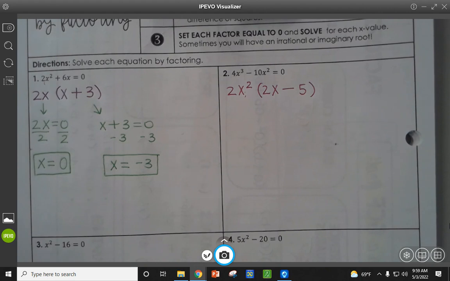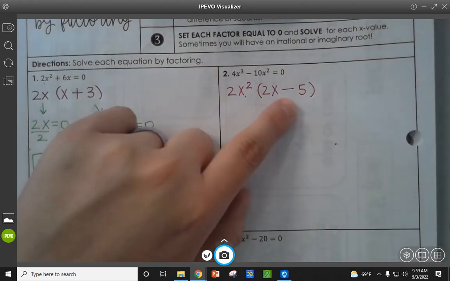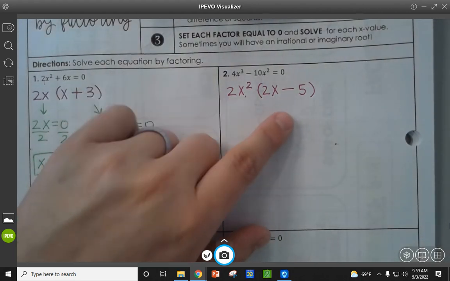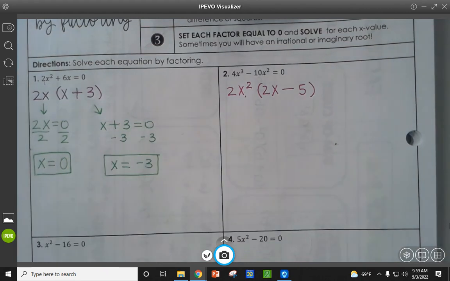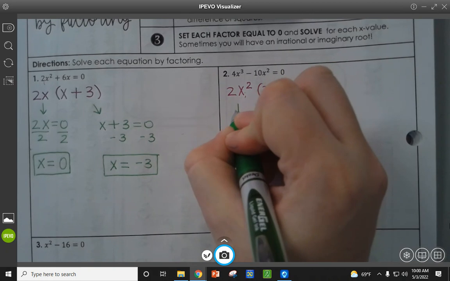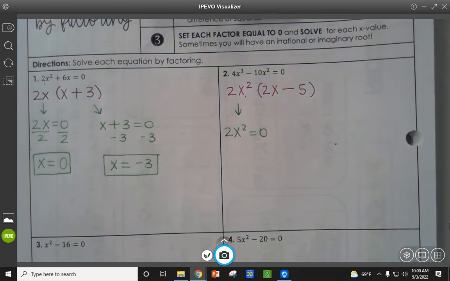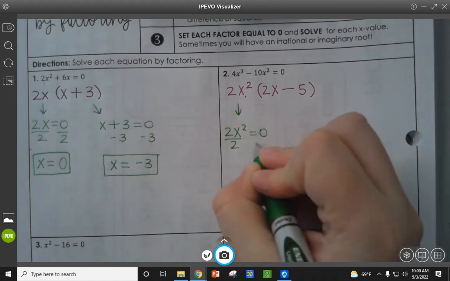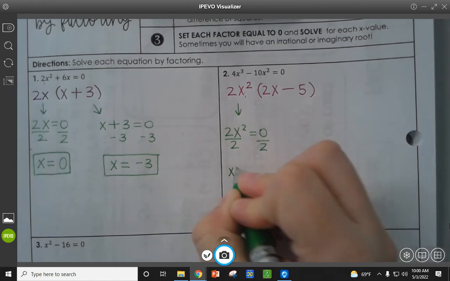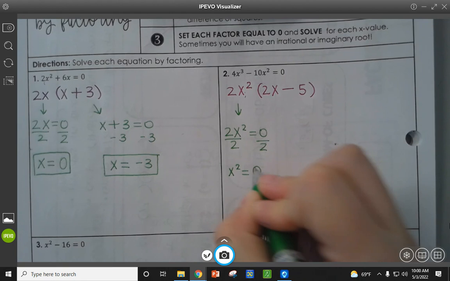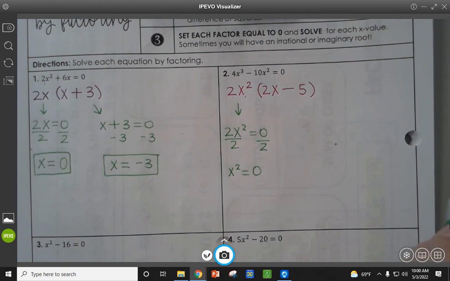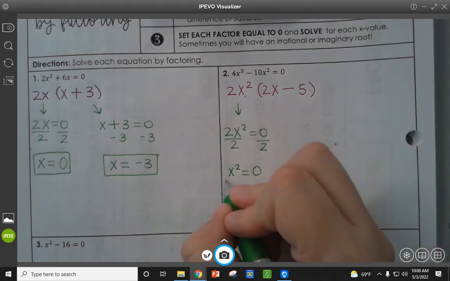All right. Now this is not a difference of squares or a difference of cubes or anything else. So what do you do if you have an exponent? Well, we're going to get there. So this is 2x squared equals 0. What do I do first? Divide by 2. How do you get rid of a squared? We do the square root.